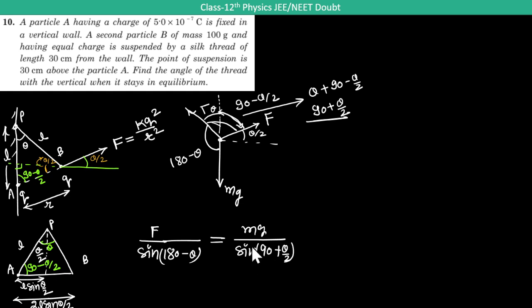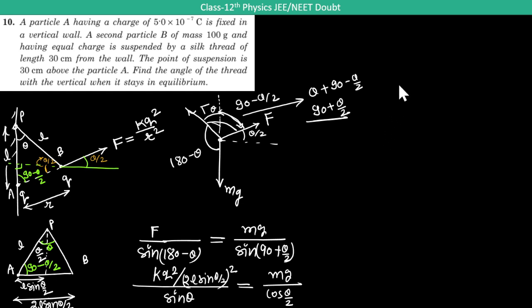Placing the value of F, that is kQ square divided by R square, and what is the value of R? That is 2L sine theta by 2, whole square, divided by sine of 180 minus theta, which is sine theta, is equal to mg divided by sine of 90 plus theta by 2, which is cos theta by 2. To cancel this cos theta by 2, we can expand sine theta in terms of the half angle.